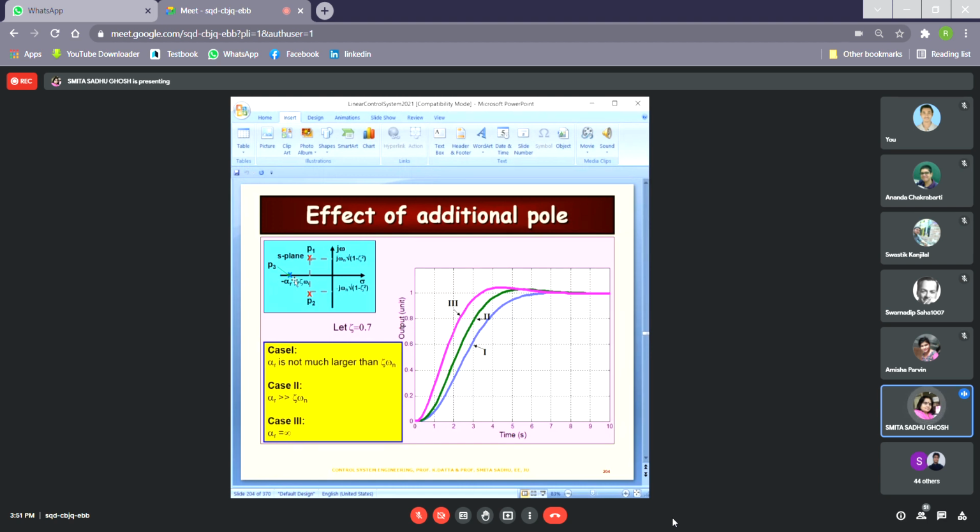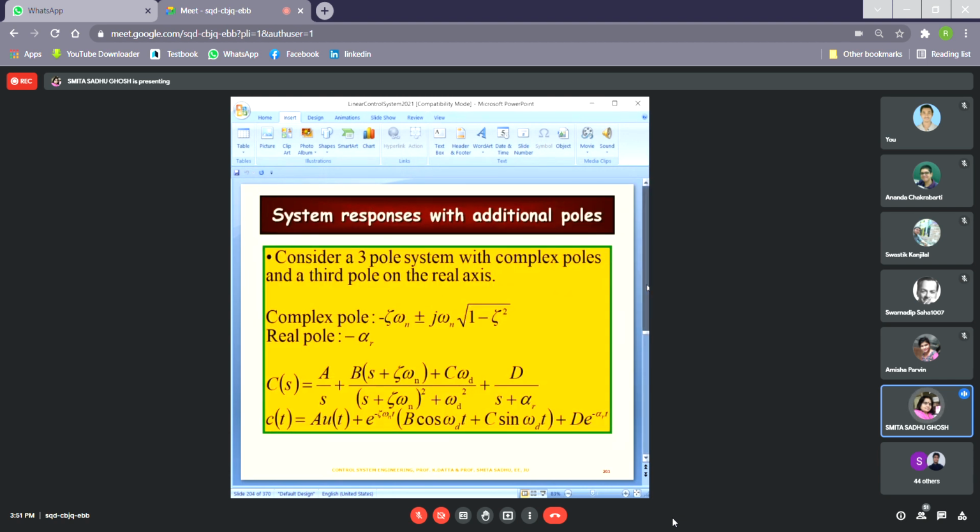So then what will happen? I'll repeat: the real part of the complex conjugate pole pair is much larger compared to the real pole value.